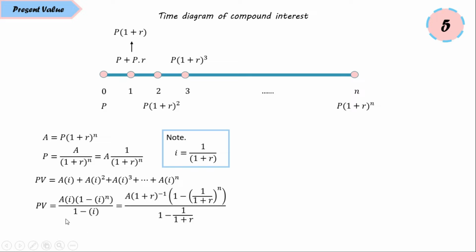We can change our substitution I with 1 divided by (1 plus R). So we get the first equation, present value equals A times (1 minus (1 plus R) to the power negative N) divided by R.